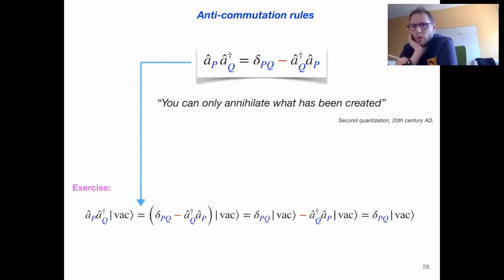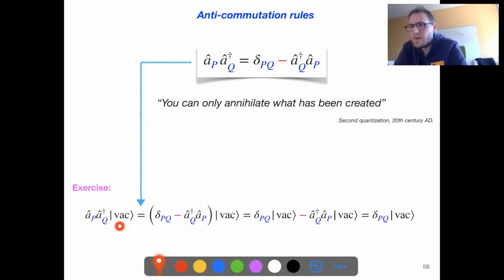All right, so what I suggest is to do a little exercise to understand exactly why I used that quotation to summarize what this anti-commutation means. Okay, so imagine you start from a situation where you are in the vacuum, you create an electron and put it in spin orbital Q, okay, and then you decide to remove an electron that occupies spin orbital P, okay.